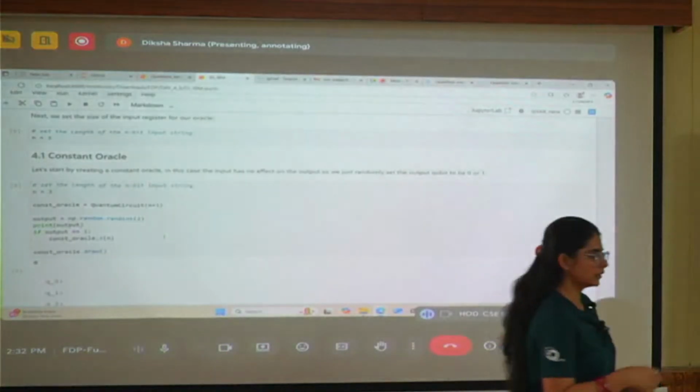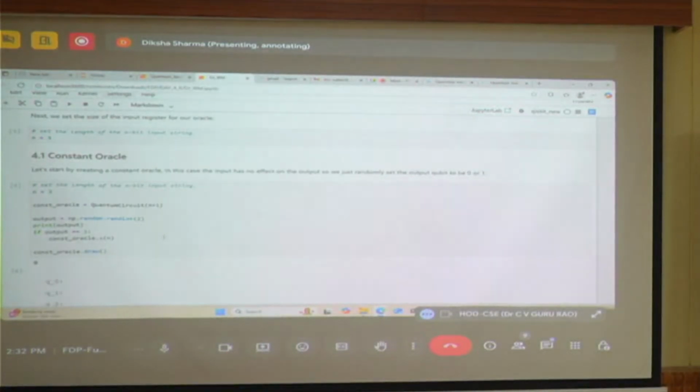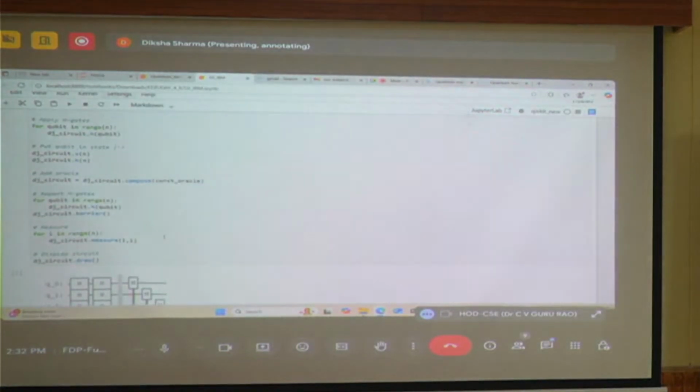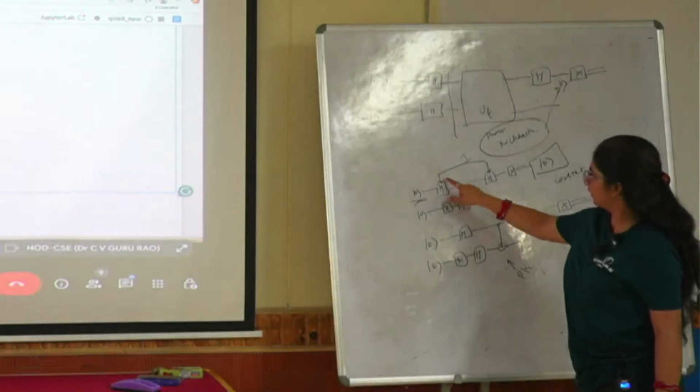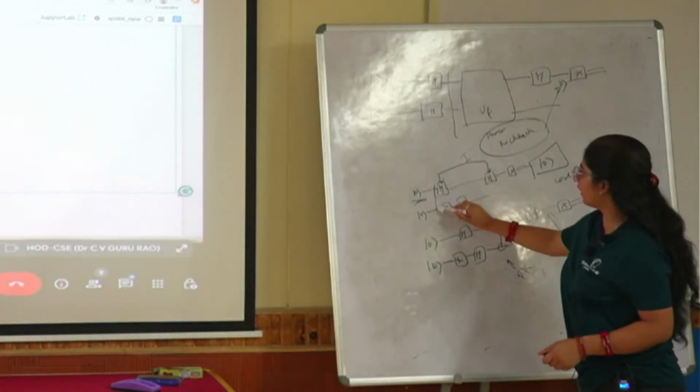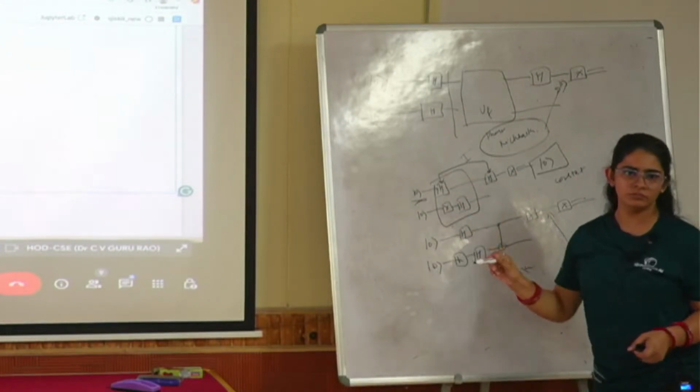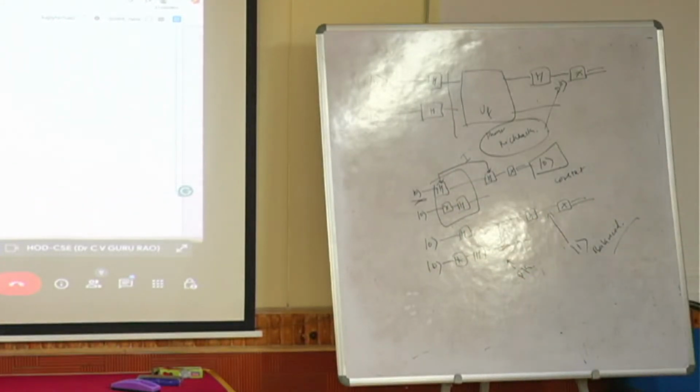So I just have to do that. I'll apply an X gate, because the main thing I have to do is this set of Hadamard and X gates. Just the same basic thing in the oracle.